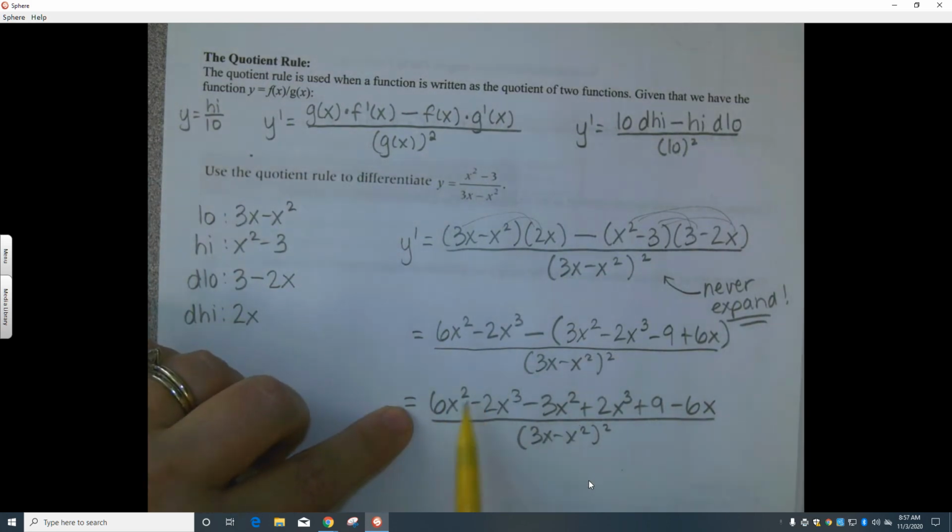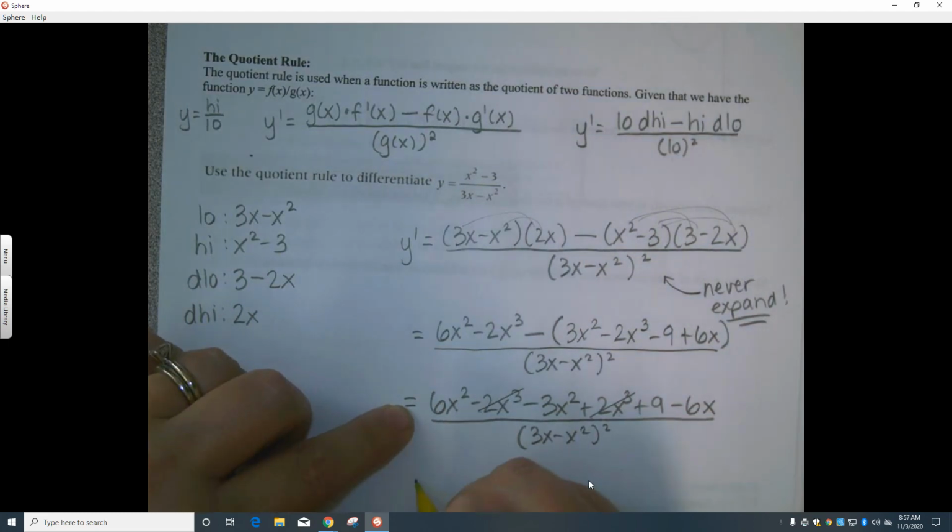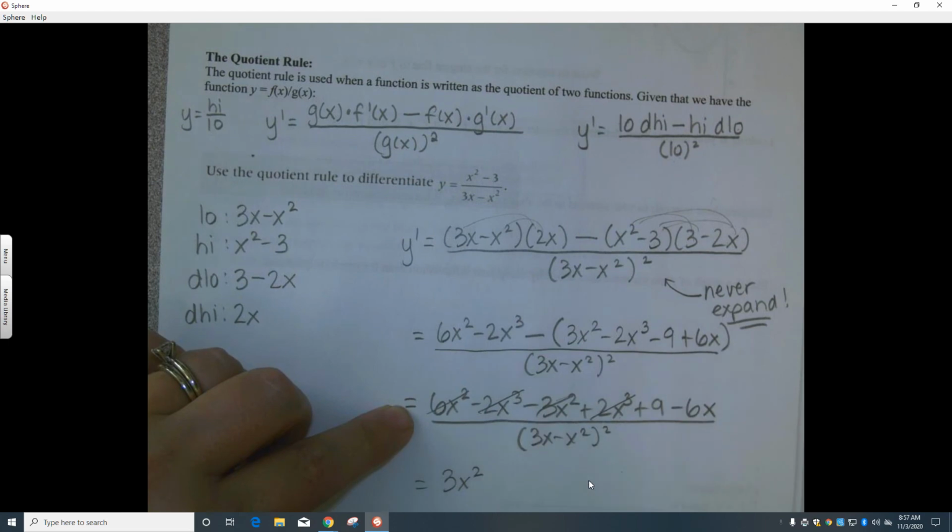I have a 6x squared and a negative 3x squared, but first I can see I've got x cubes. The nice thing is those just canceled out. Negative and a positive 2, they're gone. So 6x squared minus 3x squared, we get 3x squared minus 6x, and then plus 9.